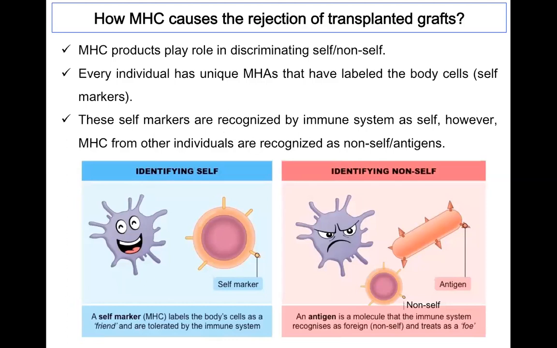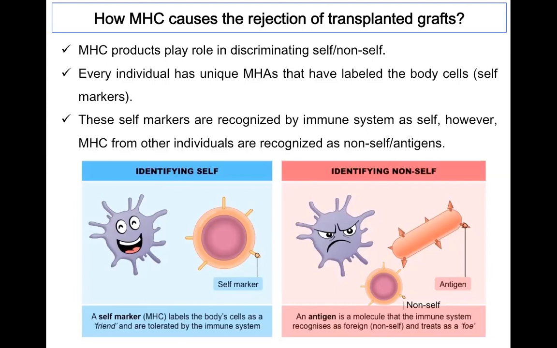Next we'll see how the MHC causes rejection of a transplanted graft. In this figure, MHC products play an important role in discriminating self and non-self. We will elaborate on what is meant by self and non-self. Every individual has a unique MHA labeled on the body cells, which is called the self marker.